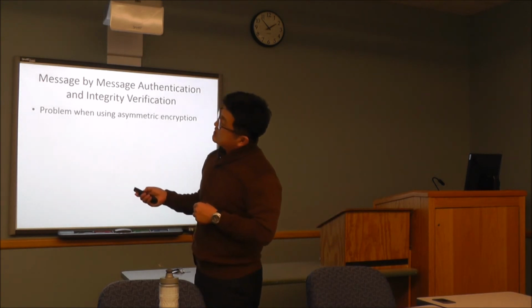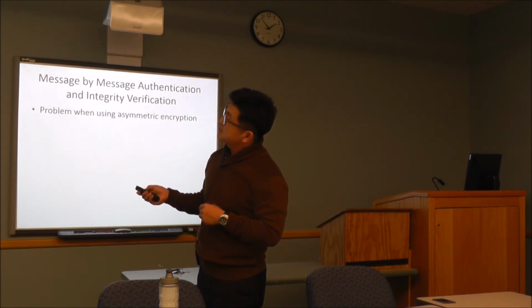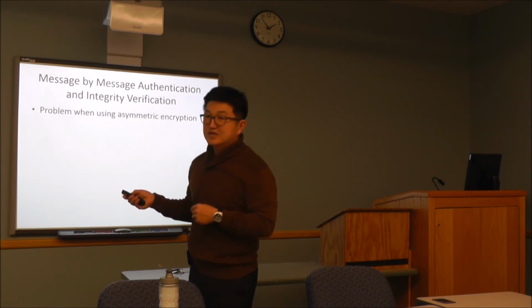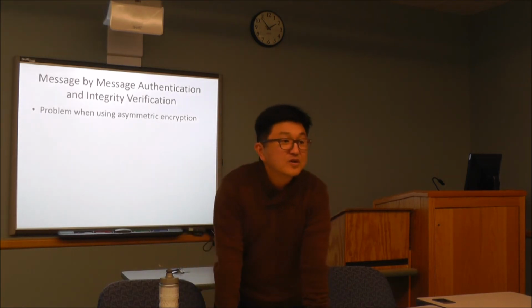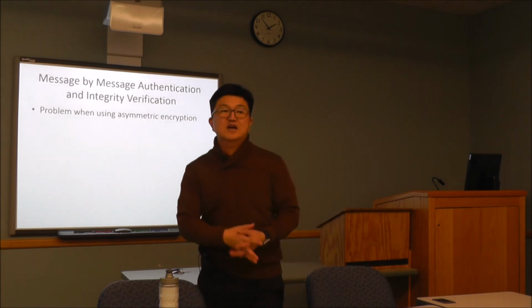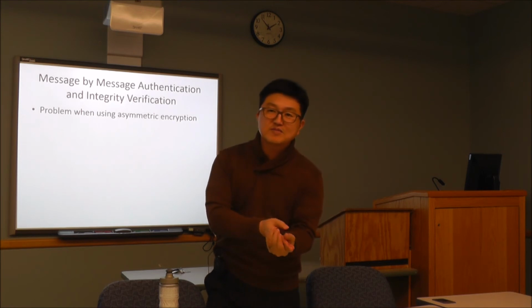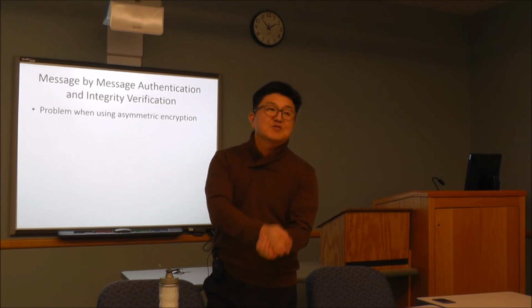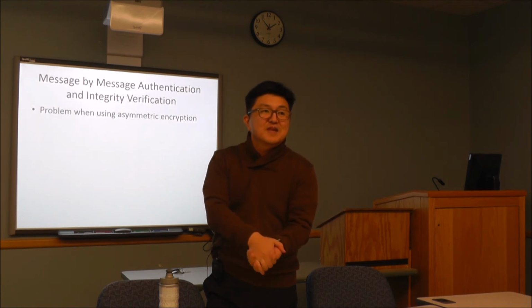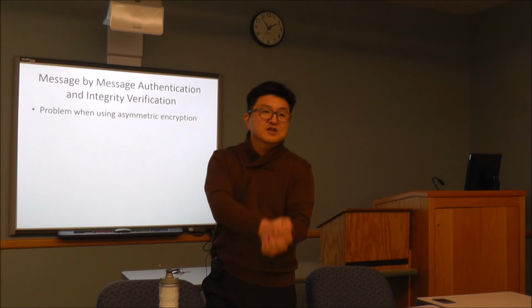So we took care of the authentication part, message by message authentication. We talked about this in our previous class, right? How does that work? The way it works is for each message I'm sending, I'm going to sign it using my private key, and I generate the signature.